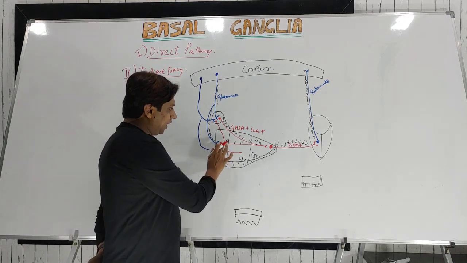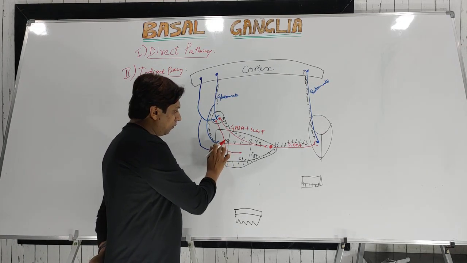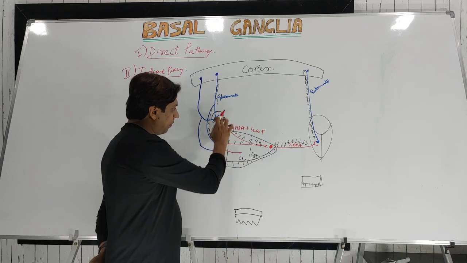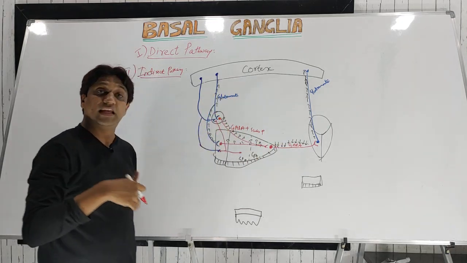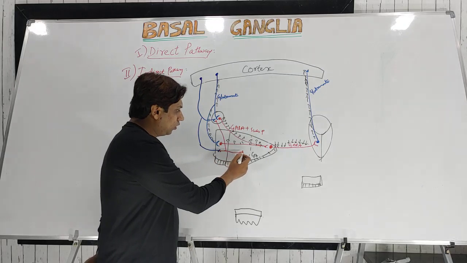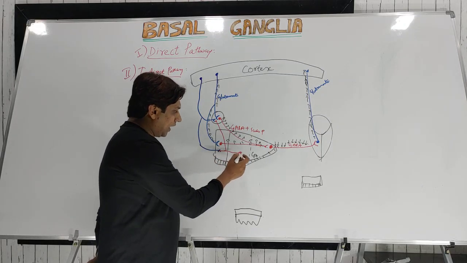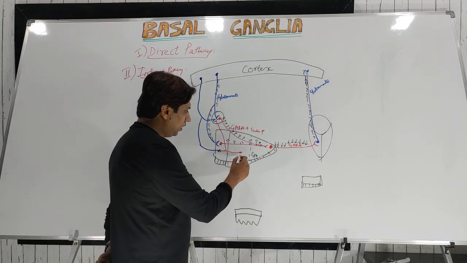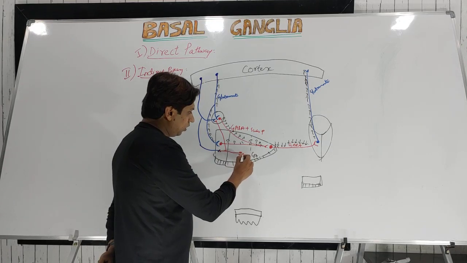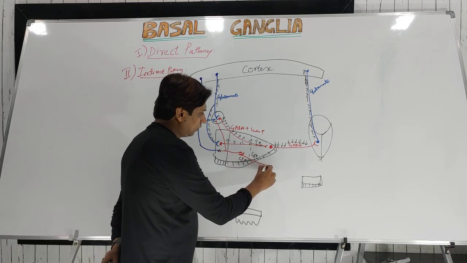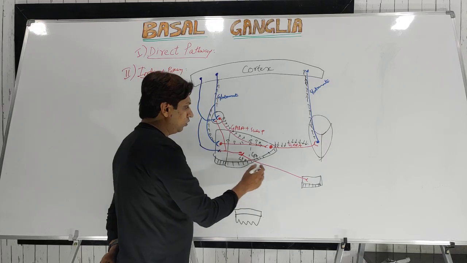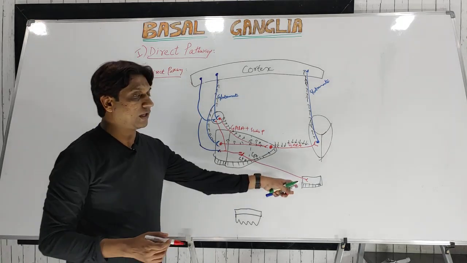In the direct pathway, from the putamen and caudate nucleus, it goes to the globus pallidus internus. Now it is going to the globus pallidus externus. Again from here, inhibitory neurons go to the subthalamic nucleus, the pallidosubthalamic pathway.